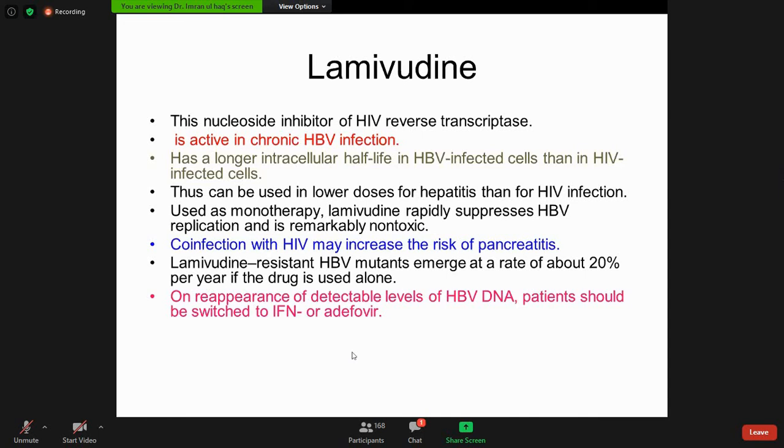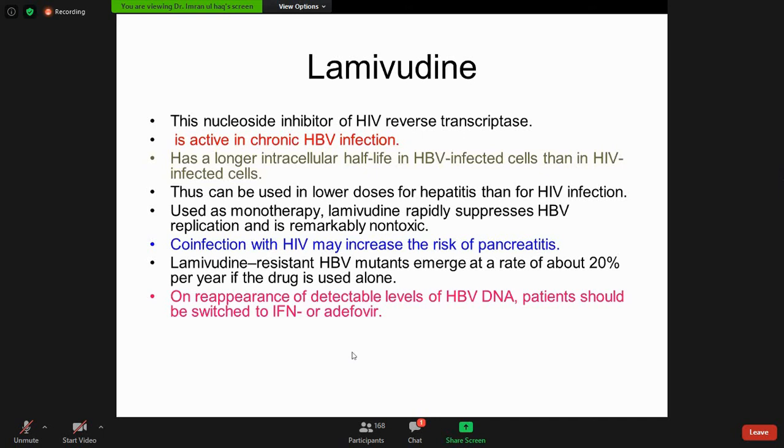This can be used in lower doses for hepatitis than for HIV infection, because in hepatitis B viral infected cells, it has a longer intracellular half-life. So low doses are required if we compare with the doses required in the treatment of HIV infection.